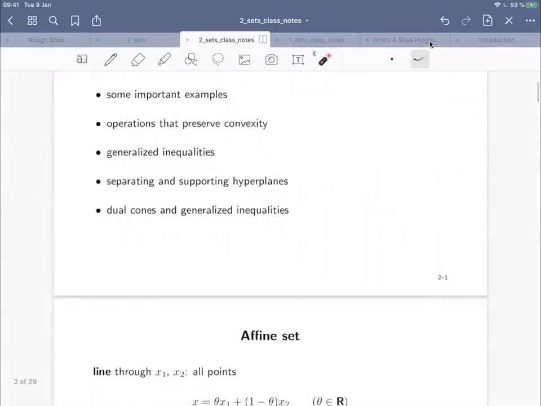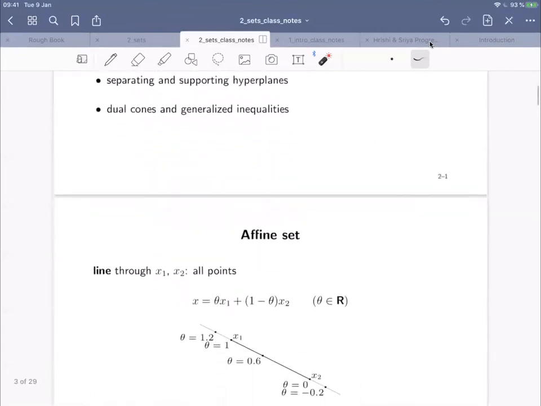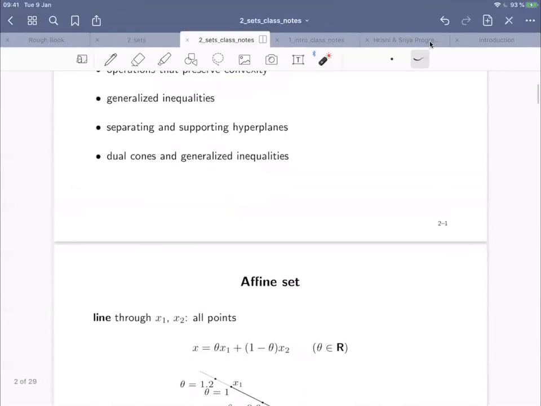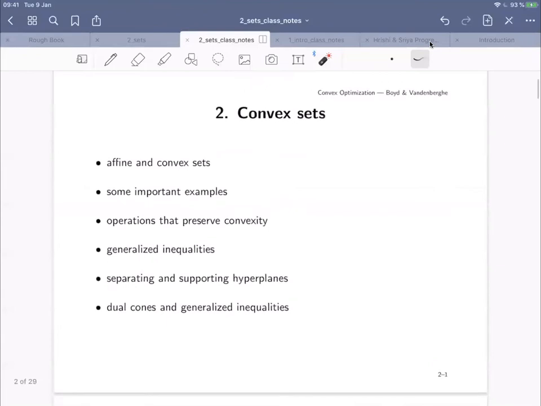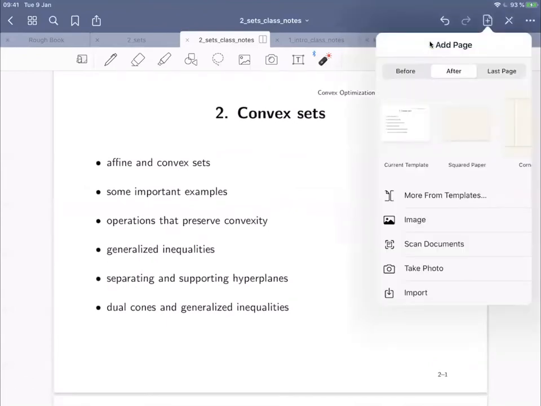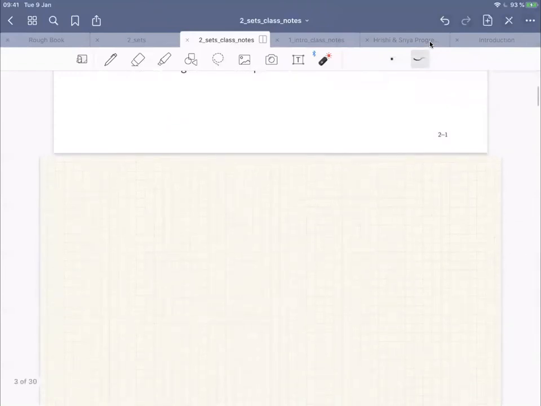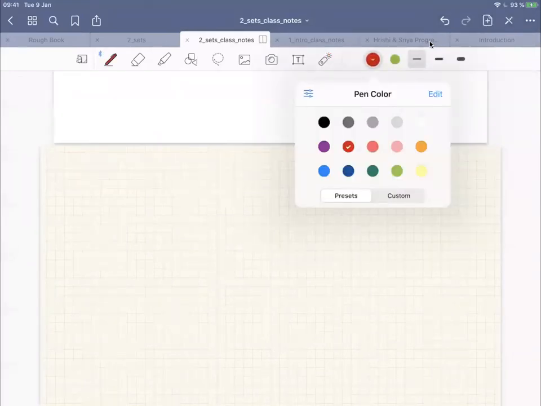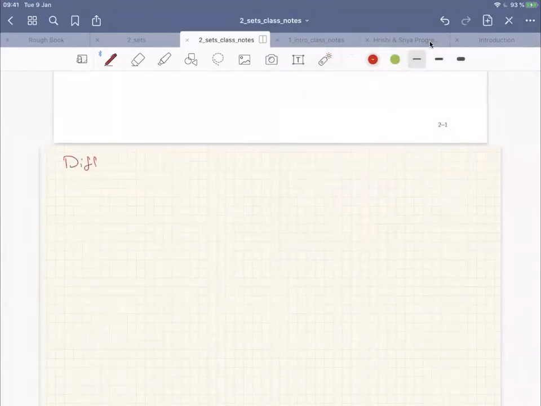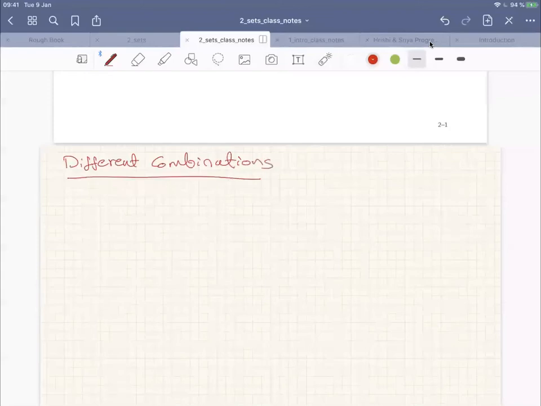Now we start with affine sets. At this point, it is useful to study various combinations. So let's first see what a linear combination is.